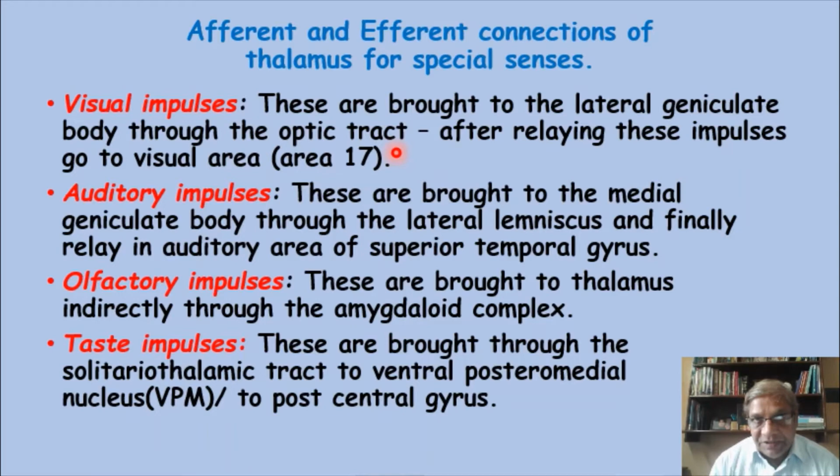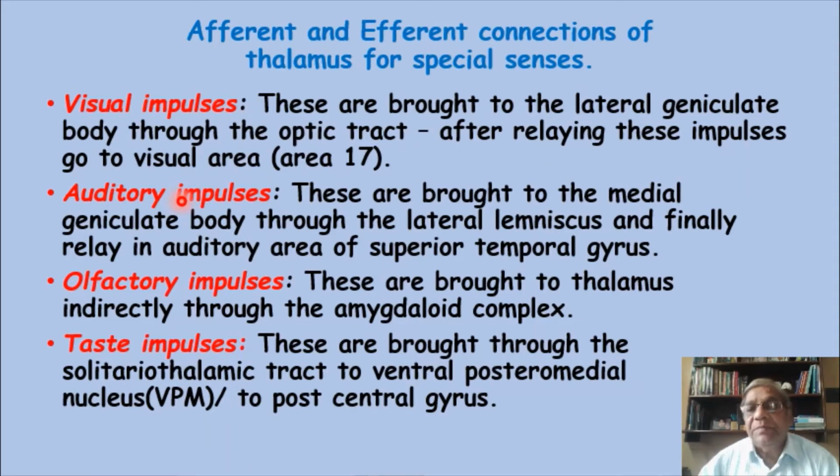From area 17, this will go to the association areas adjacent to area 17, that is area 18 and area 19. So this is how the relay of visual impulses takes place in the lateral geniculate body, that is part of the thalamus.